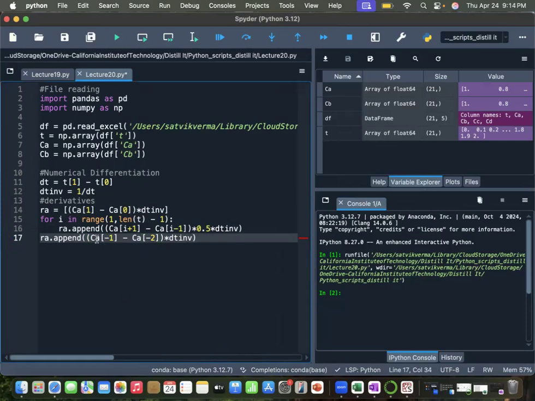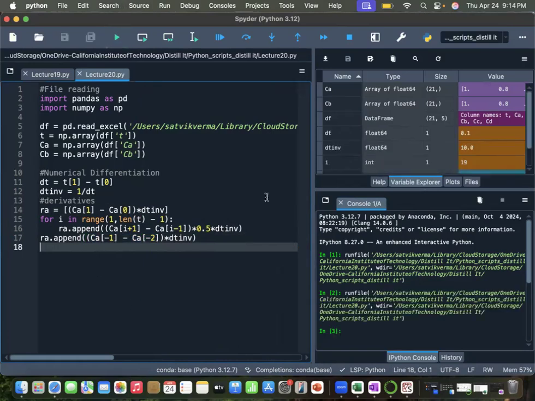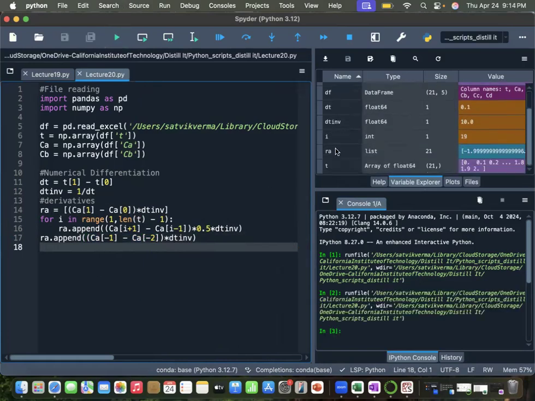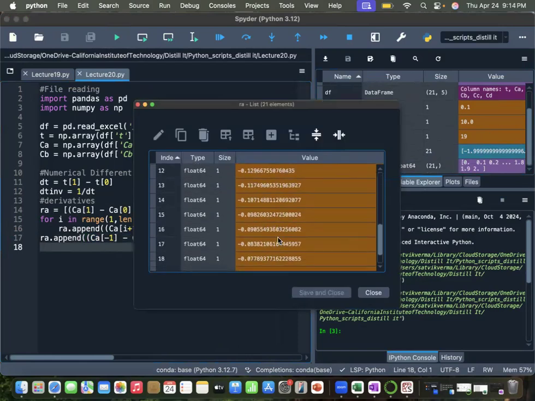So this is once again a backward difference operation. You could also write this as length t minus 1, and length t minus 2. It's the same thing, right? So we've evaluated the rates, and if we evaluate this, we'll see the rates as this.